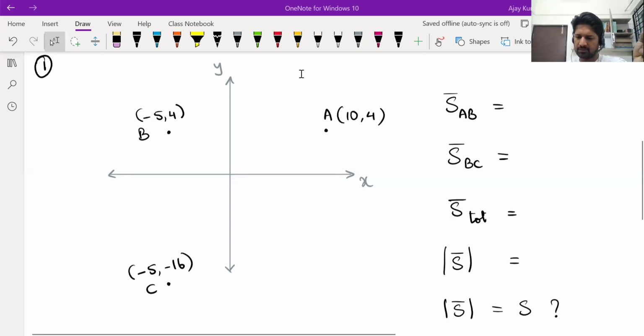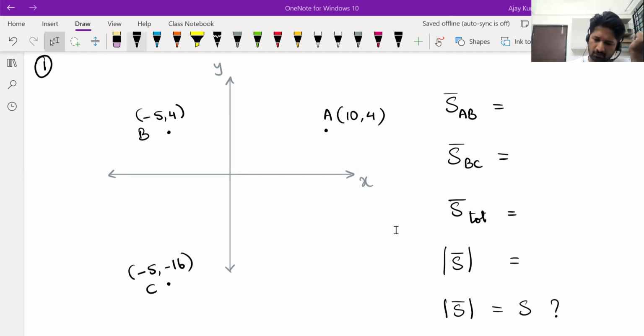Aishwarya, what is the displacement vector from A to B? So minus 15 i cap plus 8 j cap. How did you get plus 8 j cap? Tell me, what is the position vector of A? Sorry, so minus 15 i cap.